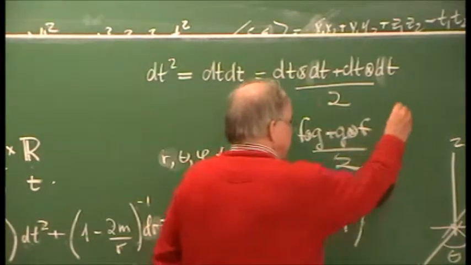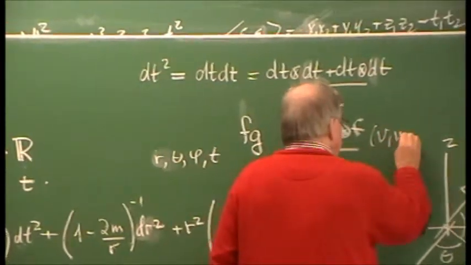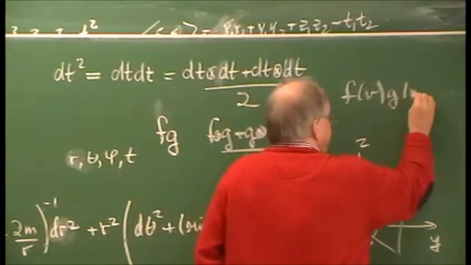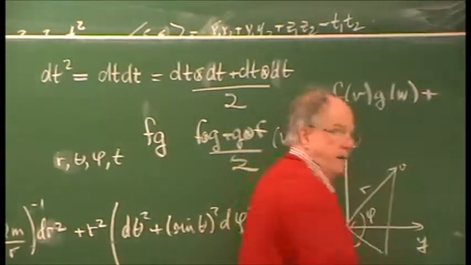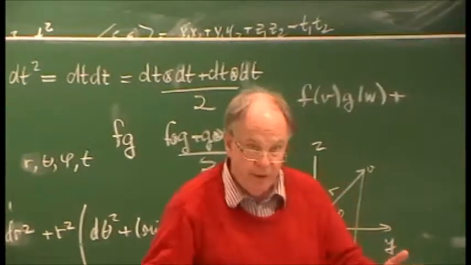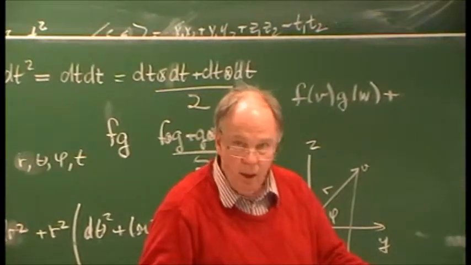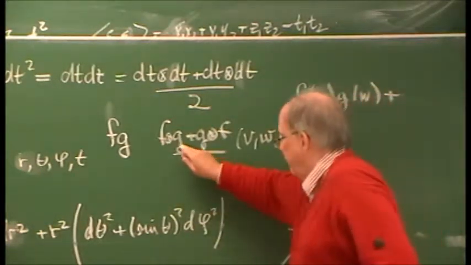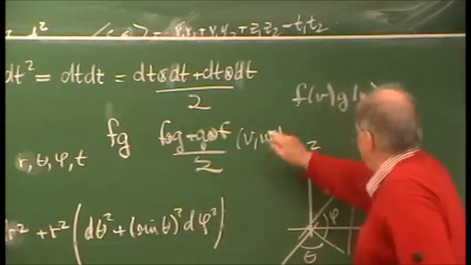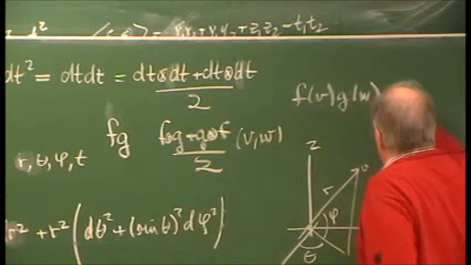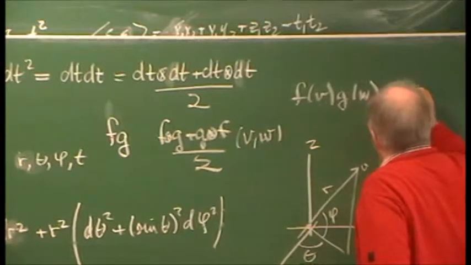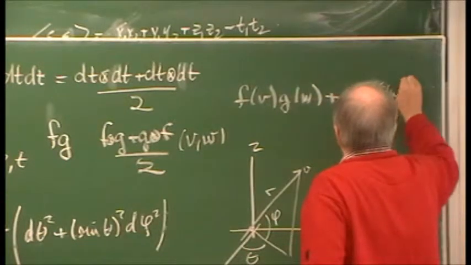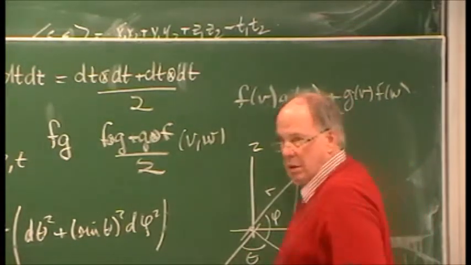That means I apply this to vectors v, w, that's f of v, g of w. You see, I symmetrize the form. I didn't want to get into this tensor calculus, but I will get into it later on. I symmetrize the form by having fg plus gf, so I apply it to vectors: f of v, g of w, plus g of v, f of w, over 2.